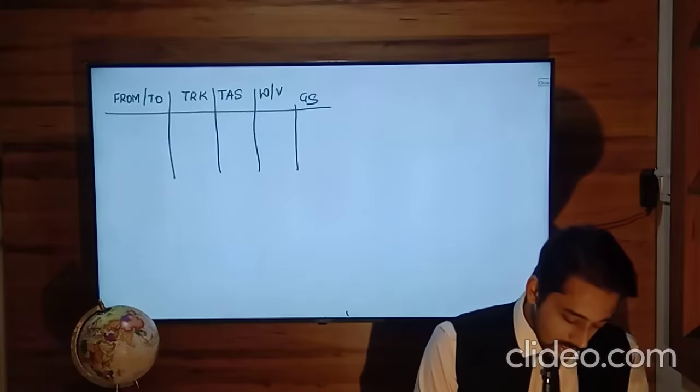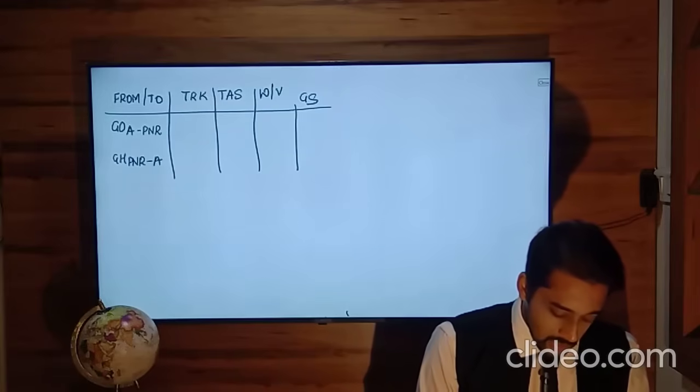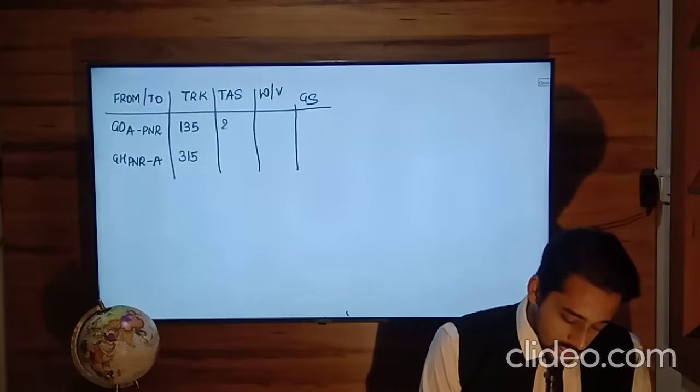Now ground speed outbound from A to PNR and ground speed homebound from PNR back to A. Outbound is 135, homebound is 315, outbound speed is 250, homebound speed is 215.